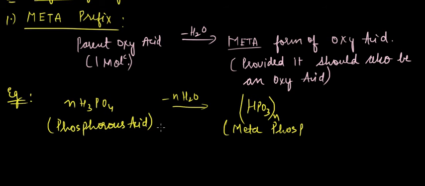So first of all, I wrote the name wrong here. This is phosphoric acid, and H3PO3 is phosphorus acid. So this is metaphosphoric acid.